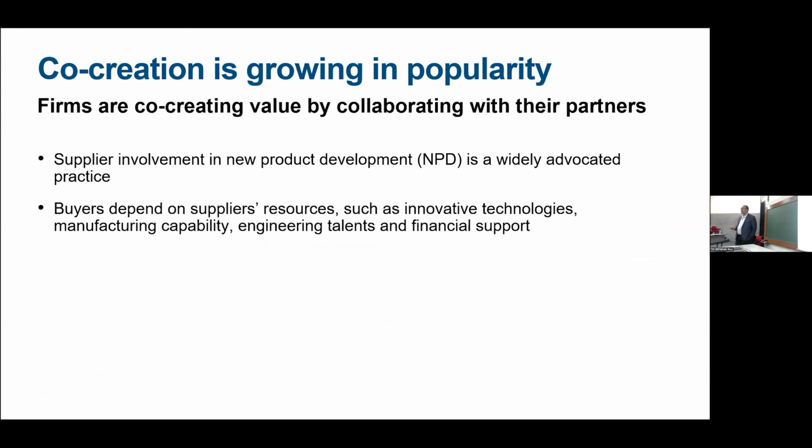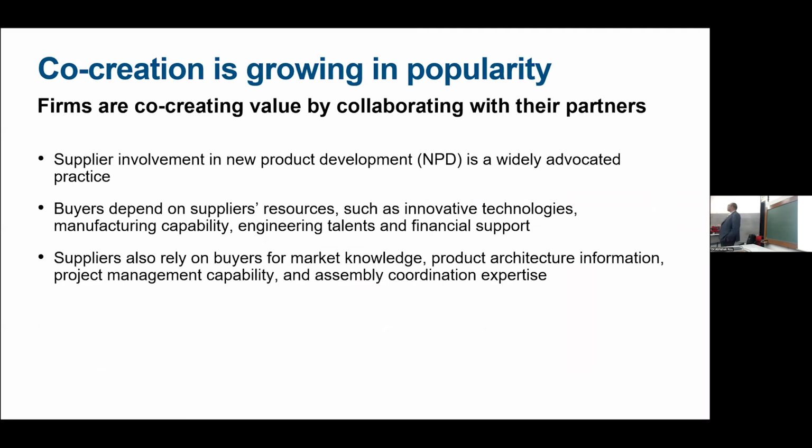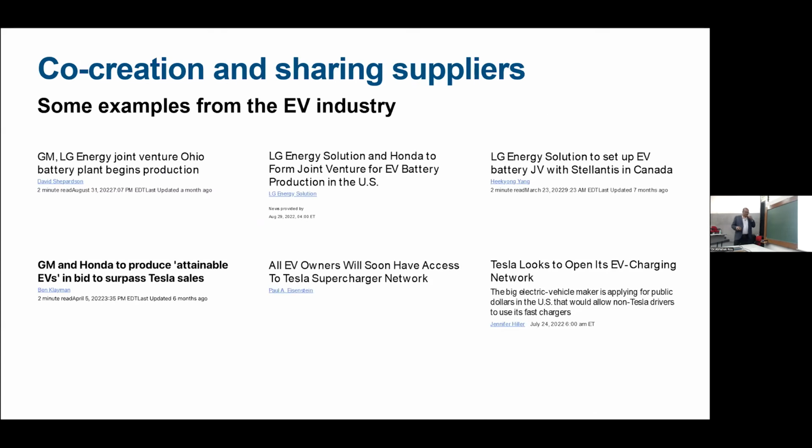They can develop better components if the buyers give them the right ideas. Buyers know what the market looks like and what the market needs, and the suppliers are one or two steps away from the end consumers. Suppliers can get a lot of new ideas based on what the buyers are finding from the market. And so in recent years, this kind of joint development of components and core parts has become more and more common.